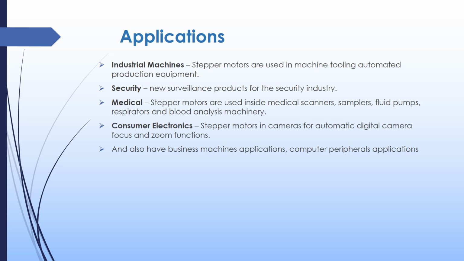For the medical field, step motors are used in medical scanners, samplers, fluid pumps, respirators, and blood analysis machinery. For consumer electronics, step motors are used in cameras for automatic digital camera focus and zoom functions, and also in business machine applications and computer peripheral applications.